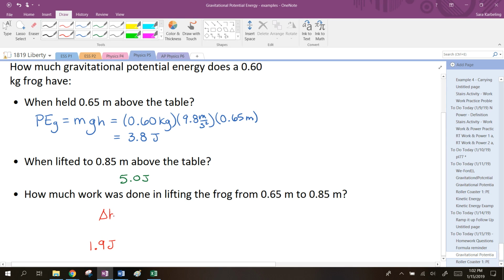So you found a change in height. Is that what you're saying? Yeah. 0.85, and you subtracted 0.65? Okay. And so then you got 0.2. And then what did you do with that? You multiplied that height times the gravitational acceleration, 9.8? Yeah. Okay. And is that what got you 1.9?